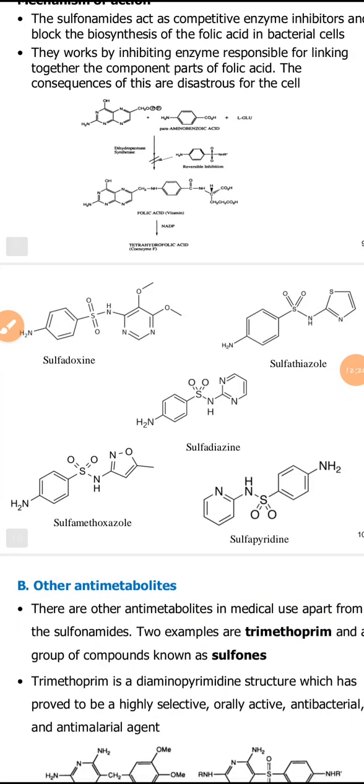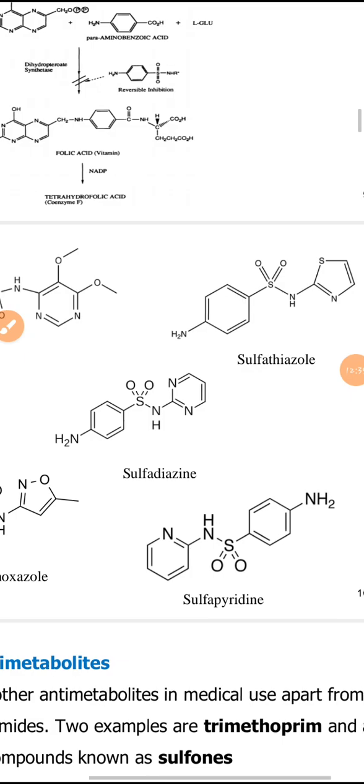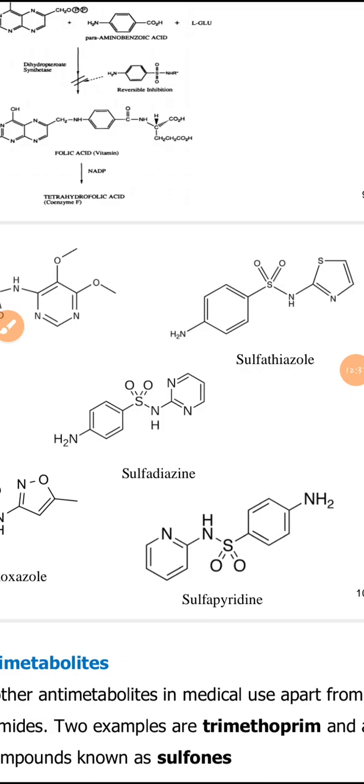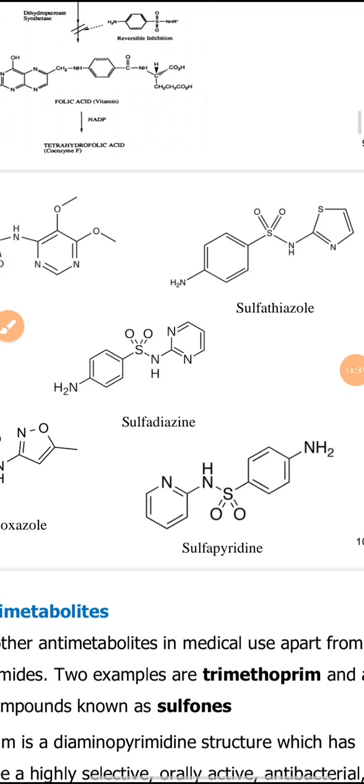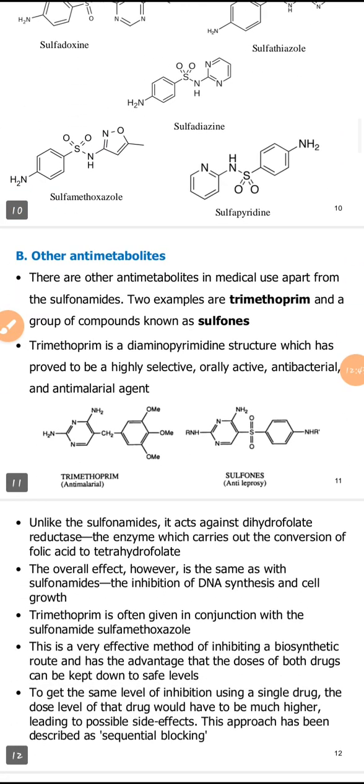Some of the antibacterial sulfonamides that are developed from sulfa drugs are sulfacetin, sulfadoxine, and sulfathiazole. Later it was modified. Sulfadiazine and sulfapyridine are some examples of compounds.